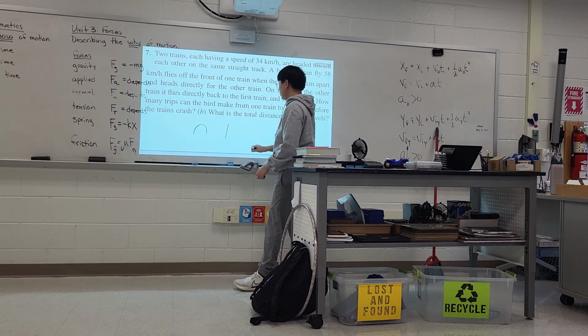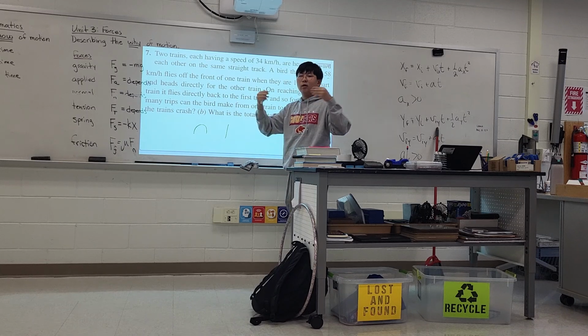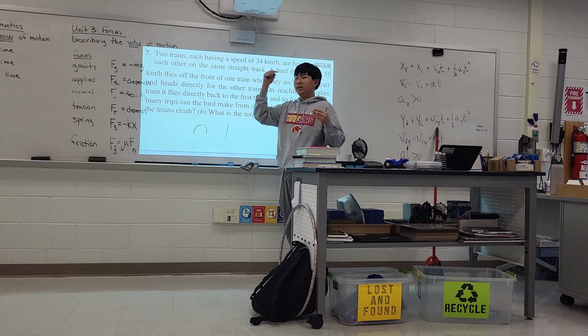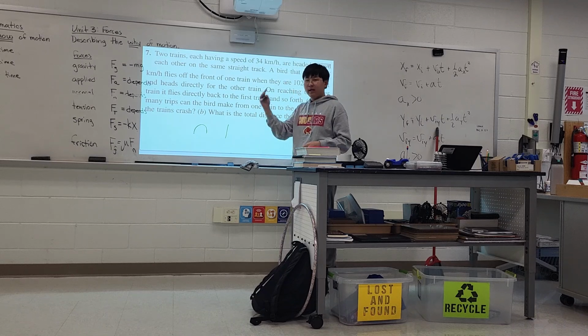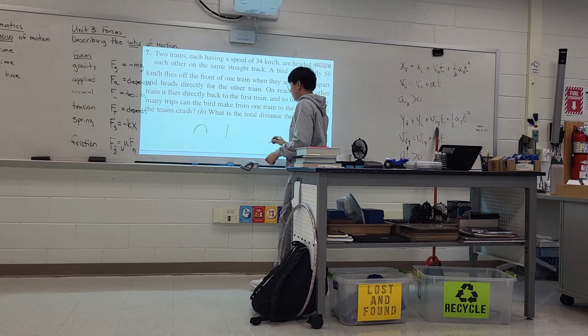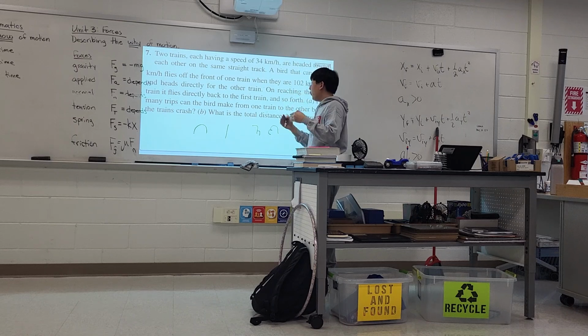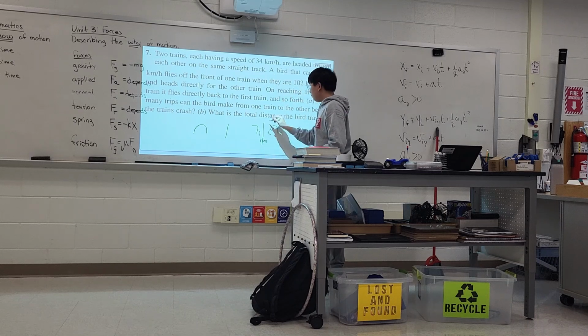when the bird is traveling to the other train, the trains get closer together, right? So when the trains get closer together, the bird can make another trip, but it's shorter. He can keep doing that, and doing that, but as the trains keep getting closer, half and half and half, they will always approach the 51 kilometer mark, but they will never hit it, because the bird has to catch up with the trains, right?